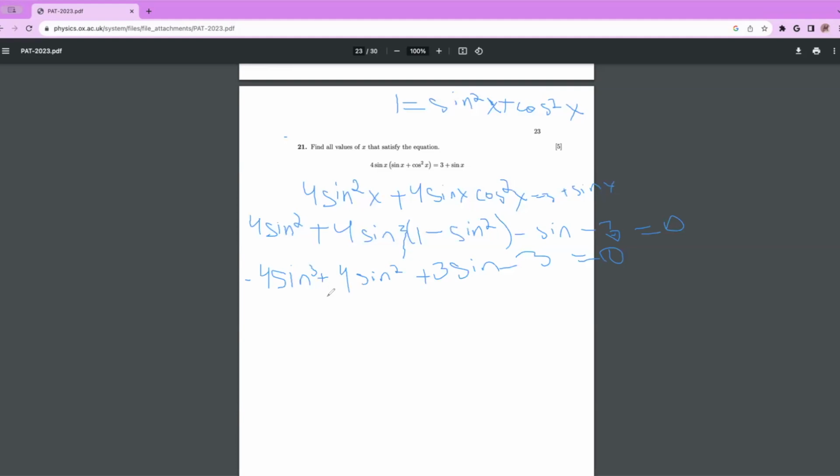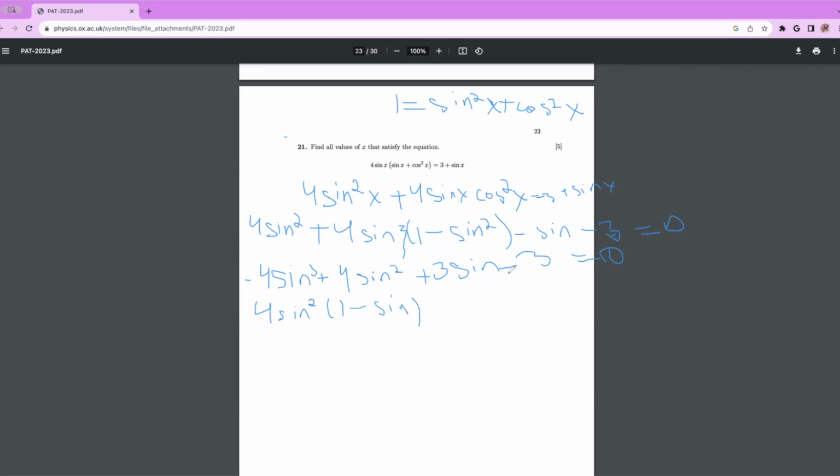If we do a little bit of factoring, we can factor out a 4 sine squared, and then you'd have 1 minus sine.